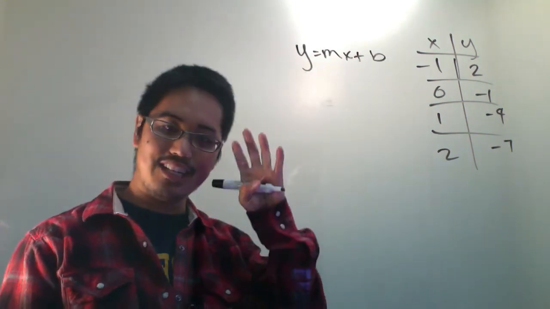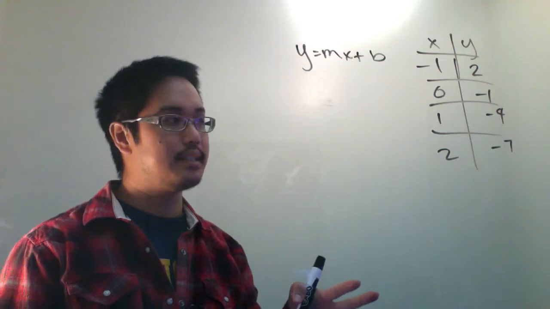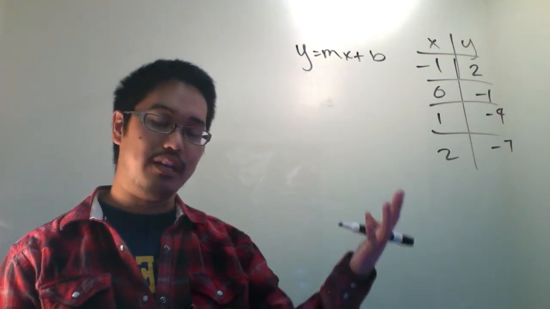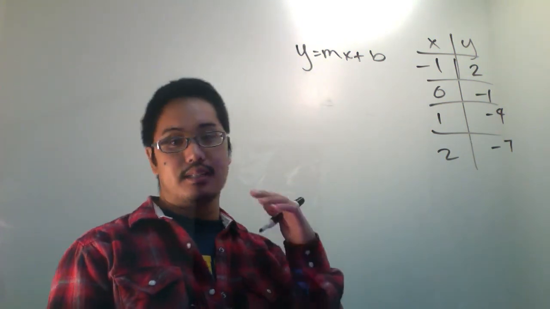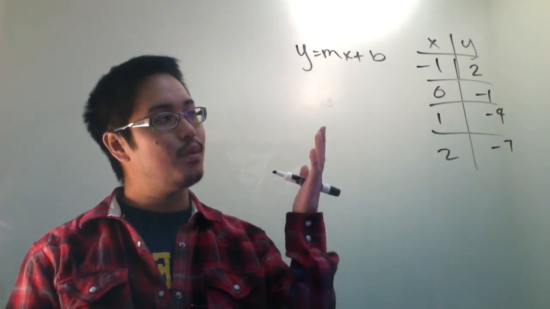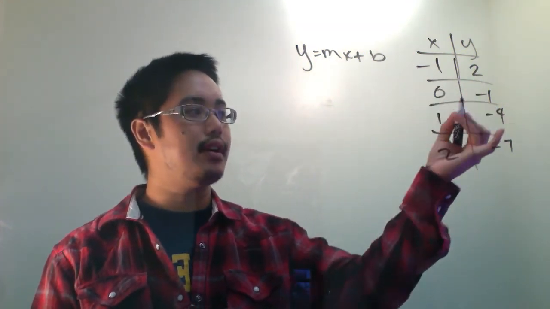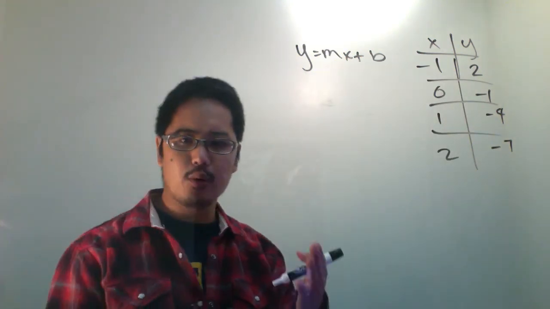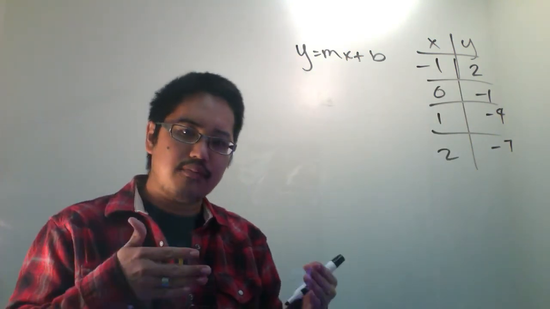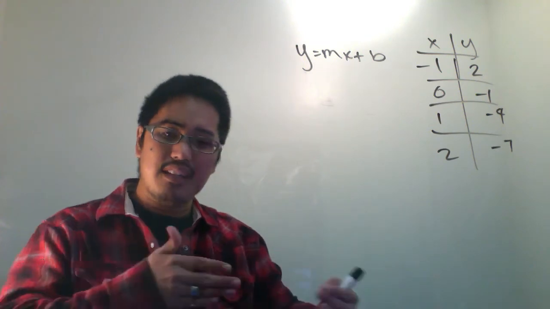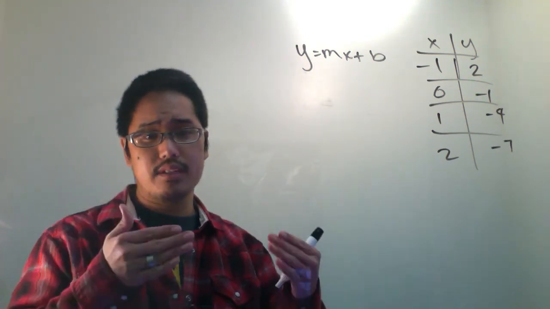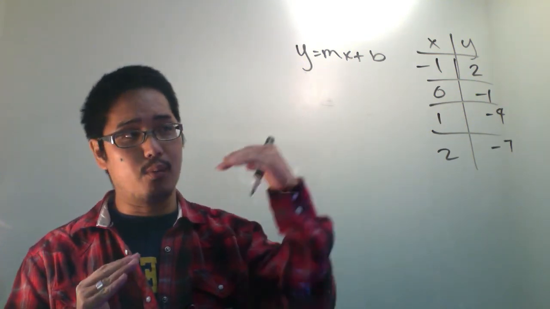Now, technically, I didn't explicitly give you guys the b, in this case the y-intercept. But actually, I did, because what I've given you is the x value and its associated y value. If you're looking for the y-intercept, the x value is going to be 0. That's kind of the definition of the y-intercept. The y-intercept is where the graph crosses the y-axis.